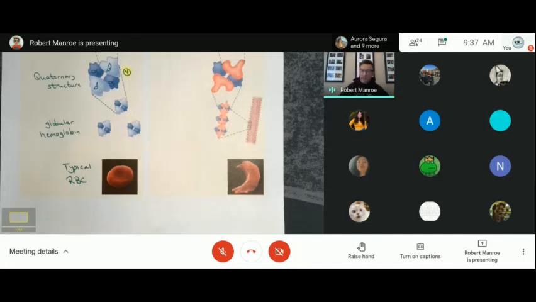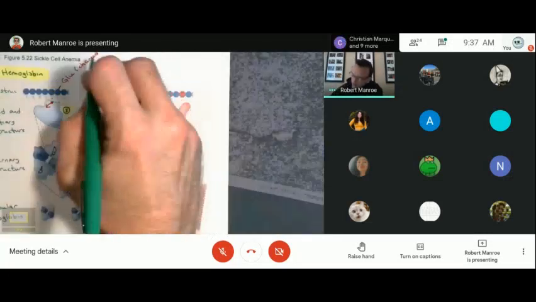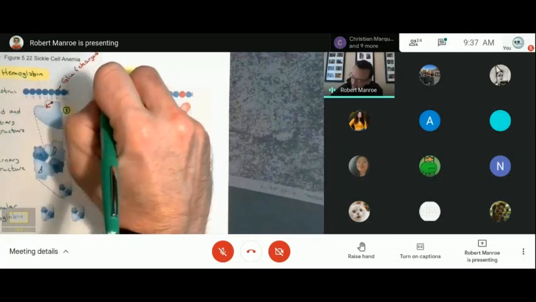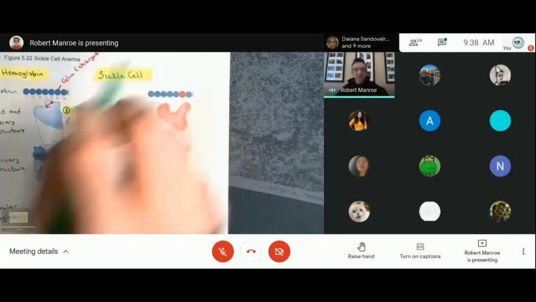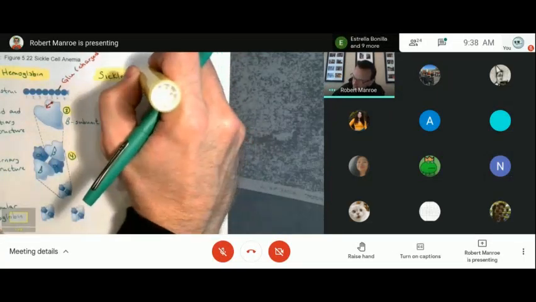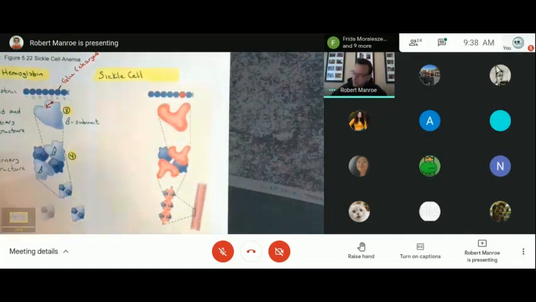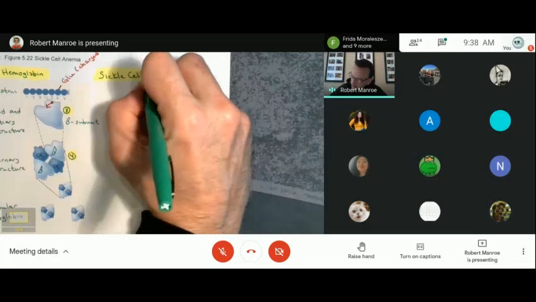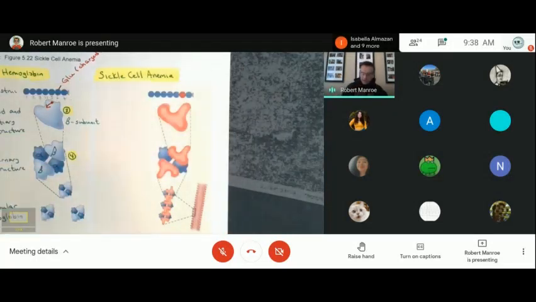However, there are individuals who have a mutation, and we call it sickle cell anemia. And I still didn't give myself enough highlighter. So you have a sickle cell anemia individual. So what happens?